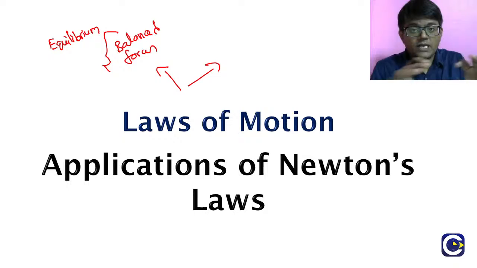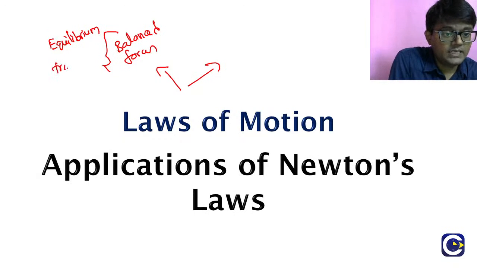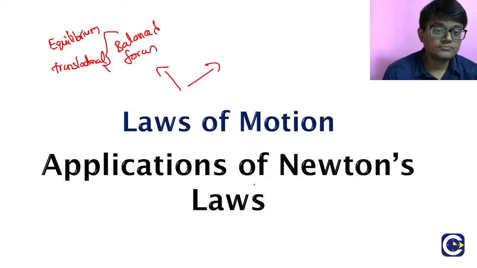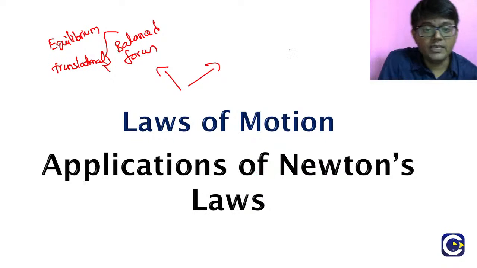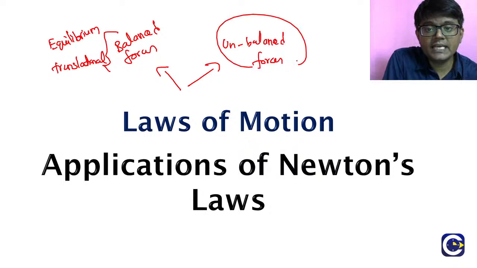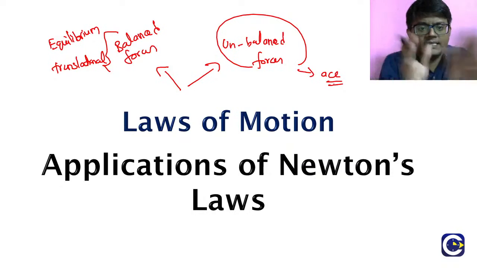Here we are dealing with the translational motion of the object, which is why it is also called translational equilibrium. The other application will be when we have unbalanced forces. In that case, the objects are going to get accelerated.